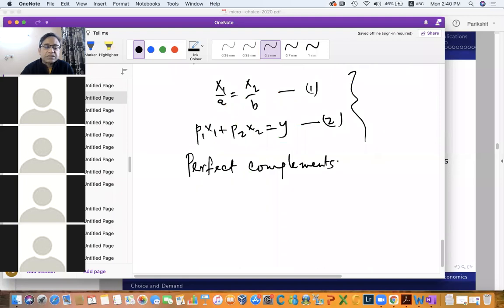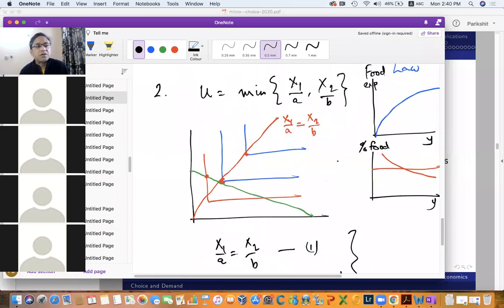Classic example is left shoes and right shoes. If for some reason shoe companies sold them separately, having two left shoes and one right shoe is as good as having just one pair.